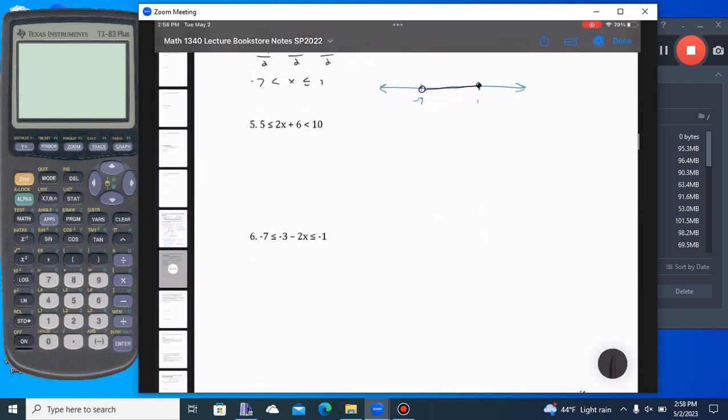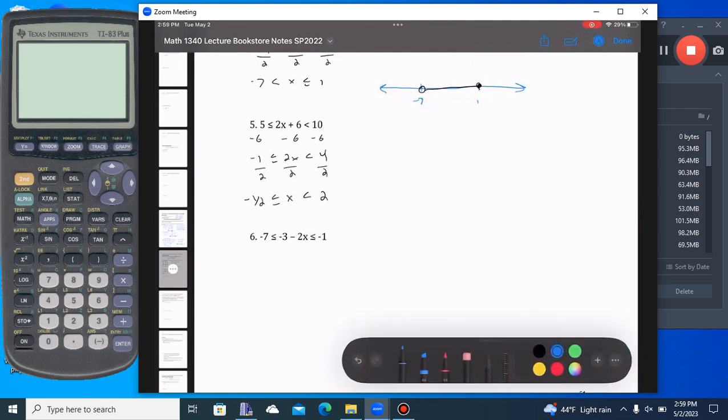So the next one we have 5 is less than or equal to 2x plus 6, which is less than 10. Subtract 6 from all sides. You get negative 1 less than or equal to 2x less than 4. And divide everything by 2. We get negative 1/2 is less than or equal to x, which is less than 2.